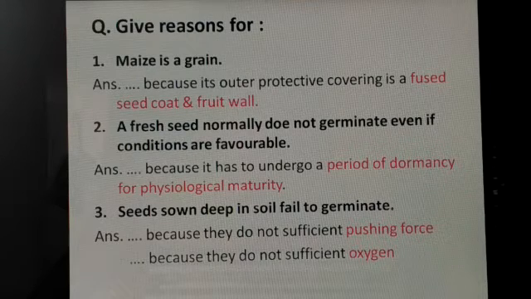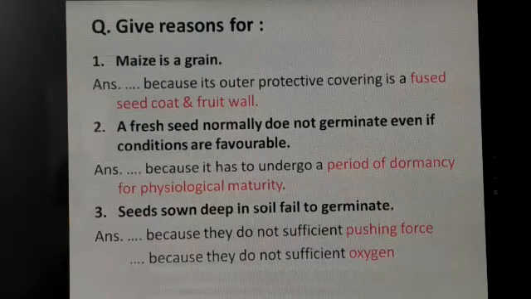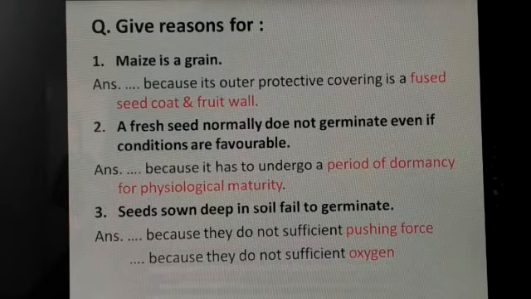Now what is a period of dormancy? During this dormancy period, the seed doesn't grow but remains in an inactive form, so that the cells inside mature.